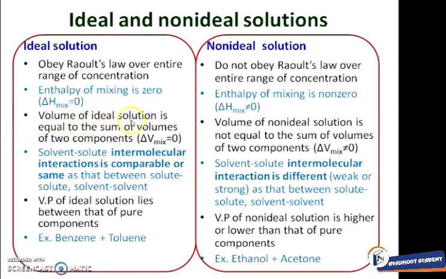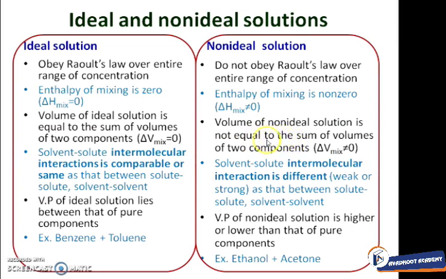That is, the volume of an ideal solution is equal to the sum of volumes of two components, that is volume of solute and solvent. So delta V mixing is 0. Whereas in case of non-ideal solution, the resulting volume of the solution is not equal to the sum of volumes of two components.